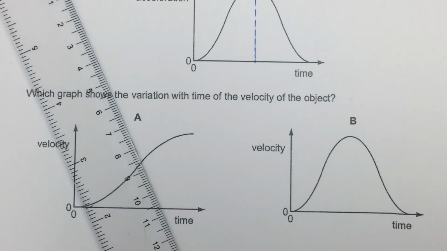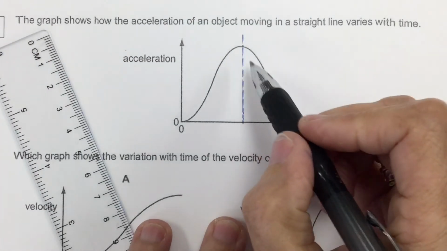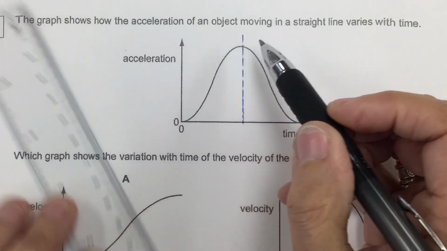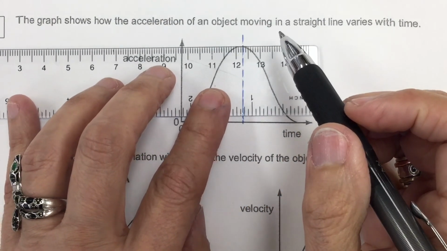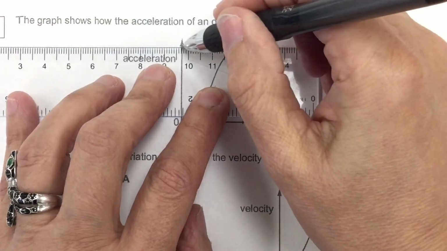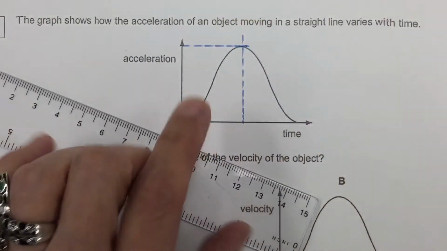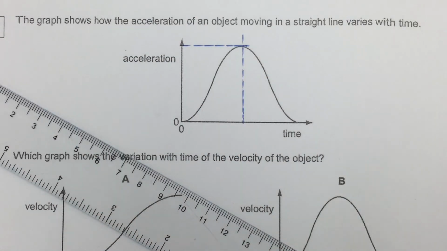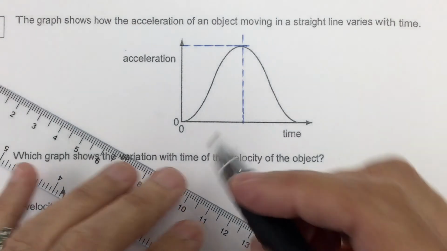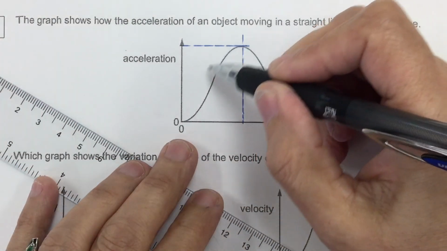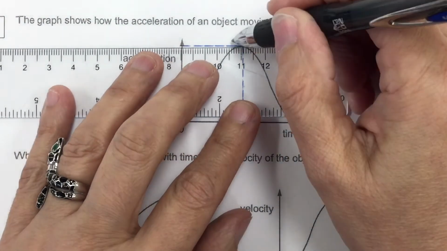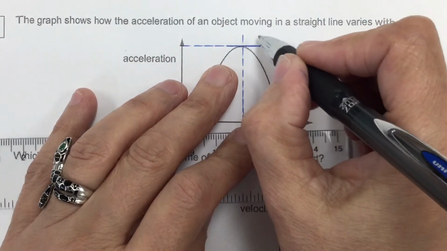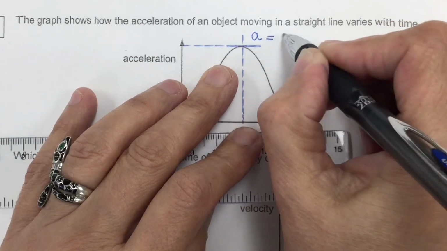But I also note something right here on the top of this curve. Something happened, and I'm going to connect it to this value of the acceleration. So in the velocity-time graph that best represents this, here we have a change of acceleration. Here we must have a section where acceleration is constant.